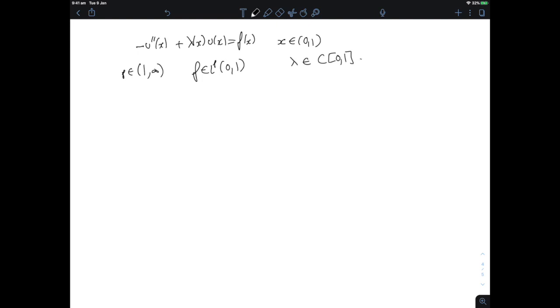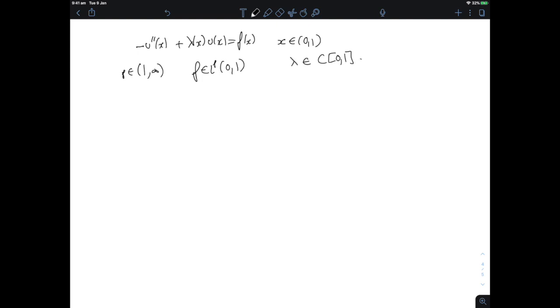Okay, so let's use our Lp theory to attack a more complicated problem. So let's look at the problem minus u second of x plus lambda of x u of x equal f of x, x in 0, 1. I'm going to have a p between 1 and infinity, and f in Lp, and my lambda is going to be chosen as a continuous function on the closed interval 0, 1, say.